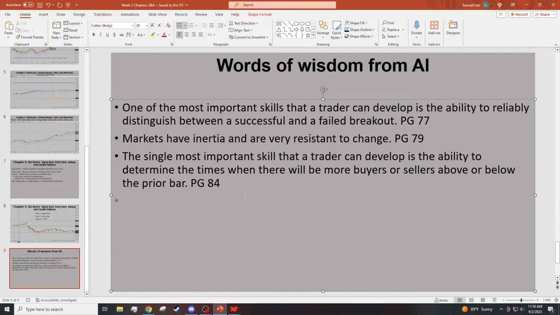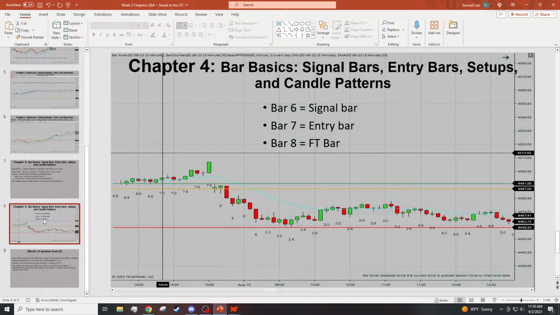And the last one that I picked up on was the single most important skill that a trader can develop is the ability to determine the times when there will be more buyers or sellers above or below the prior bar. So going back to this chart, if you remember from last week, there's only two types of bars. There are doji bars and trend bars.